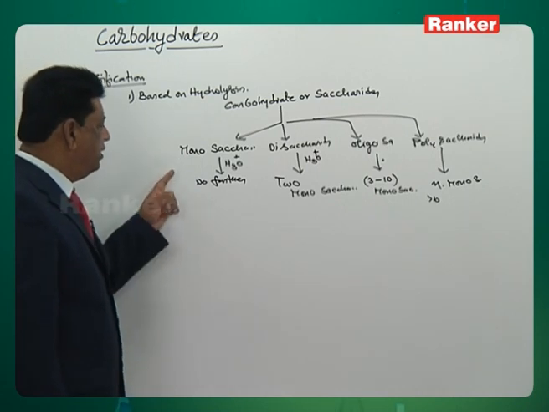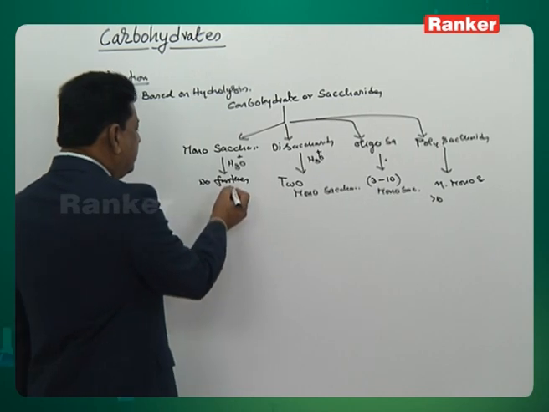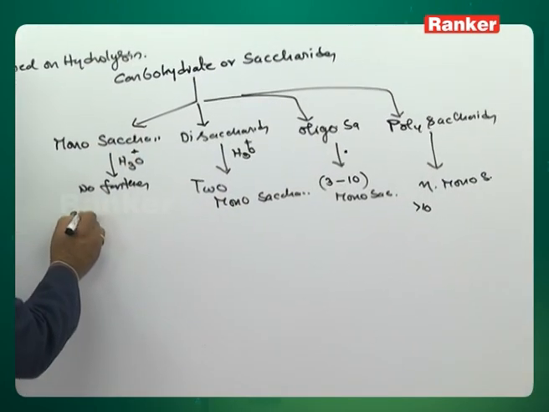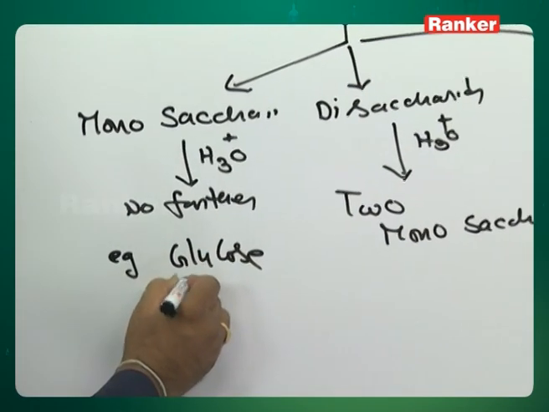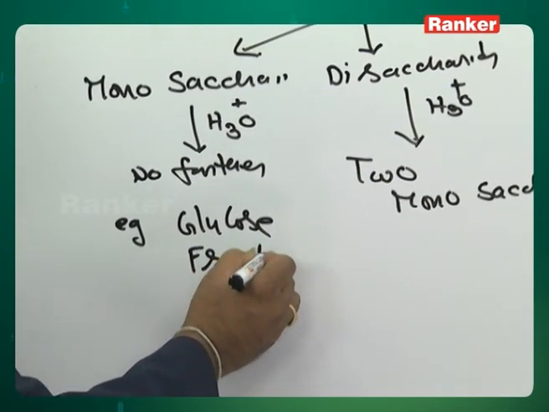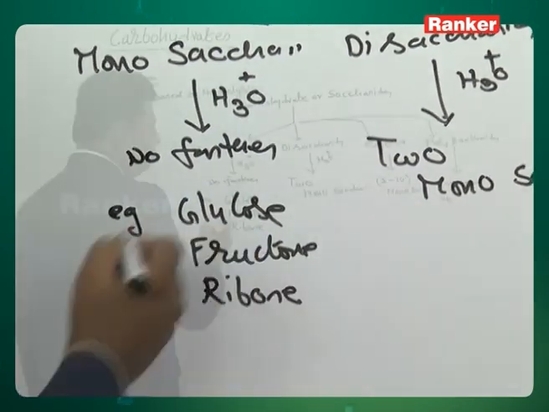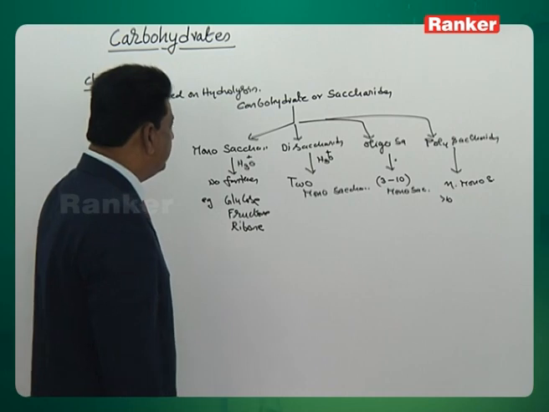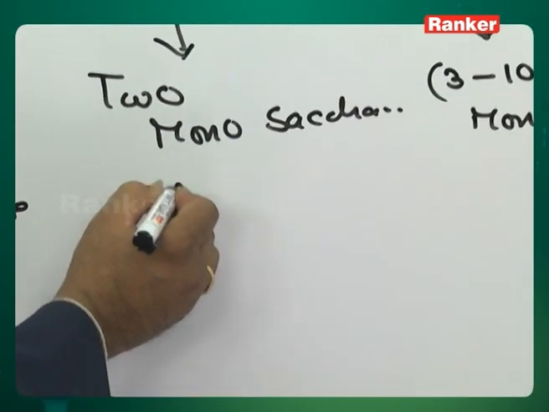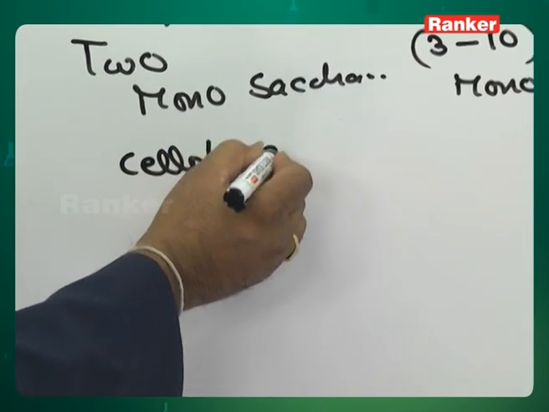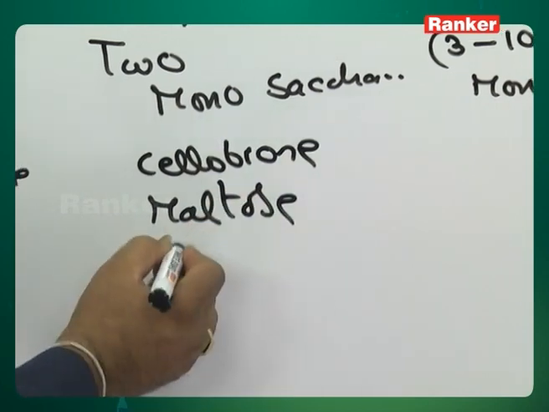So, monosaccharide means no further hydrolysis. For example, under this class we have glucose, fructose, ribose and so on. These are the main examples. Under disaccharides we have cellobiose, maltose, sucrose.